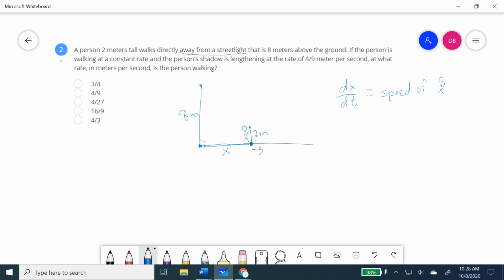Now, with the shadow, this does say that if the person's walking at a constant rate, the person's shadow is lengthening at a rate. They said the shadow is lengthening. The shadow is made up of where that person stands until you reach the tip of the shadow. That picture is not proportionally correct.